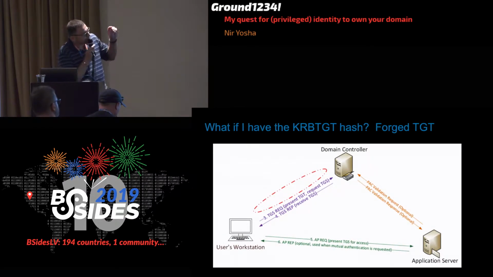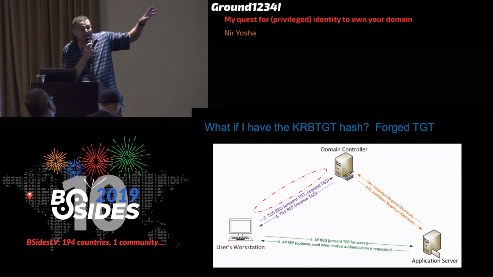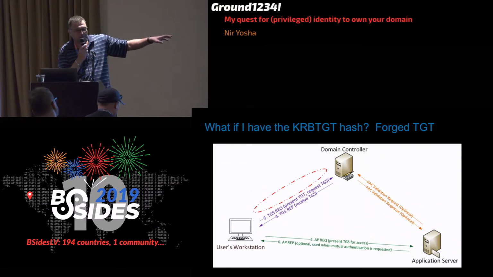Now, what if I had a high privileged user hash already with me? Then I don't need to ask for the TGT. This is basically someone that just already gave me their ticket to the amusement park. I don't need to pay this. I can use it.